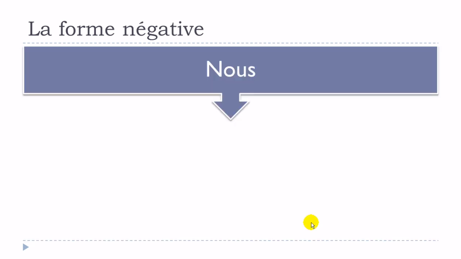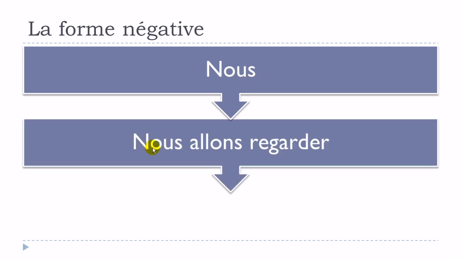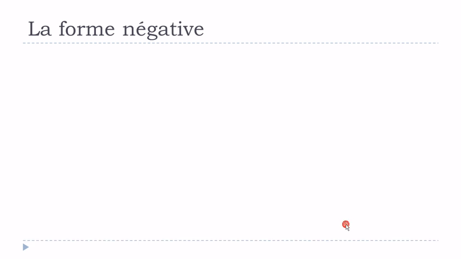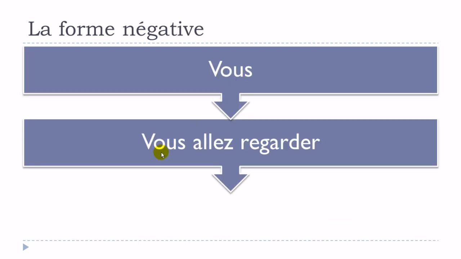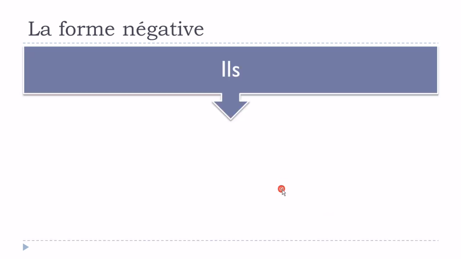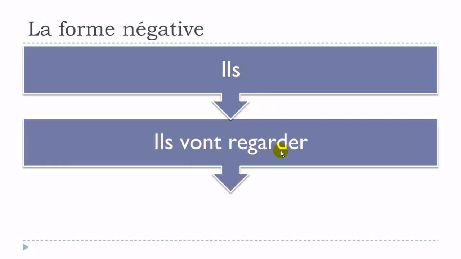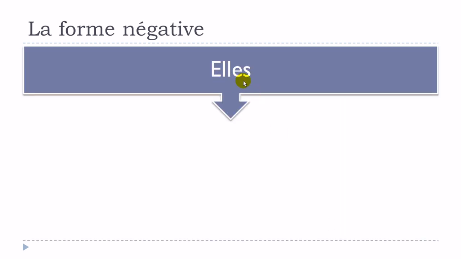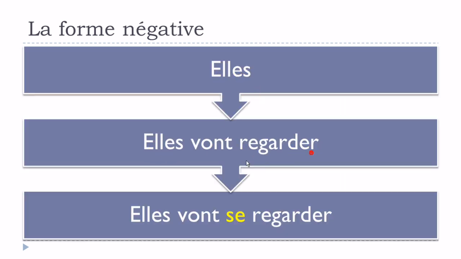Now for the first person plural, nous allons regarder, and then it will become nous allons nous regarder. Vous allez regarder, vous allez vous regarder. And then good news, third person plural, ils vont regarder, ils vont se regarder. Elles vont regarder, elles vont se regarder.